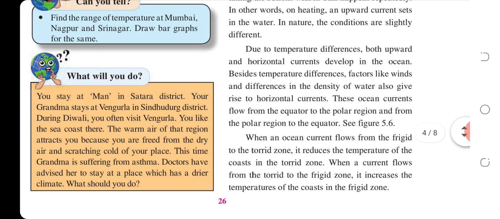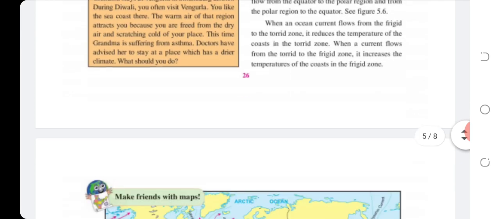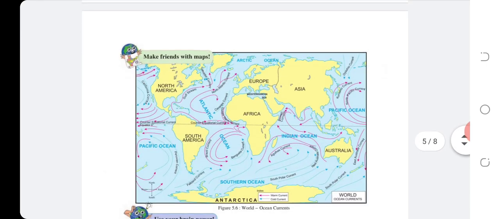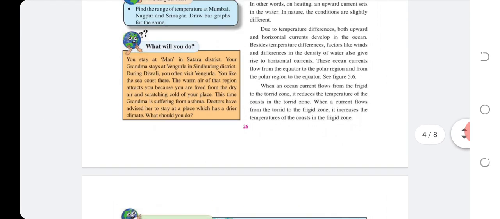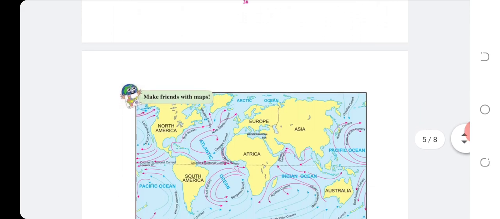See figure 5.6. When an ocean current flows from the frigid to the torrid zone, it reduces the temperature of the coast in the torrid zone. When the current flows from the torrid zone to the frigid zone, it increases the temperature of the coast in the frigid zone.